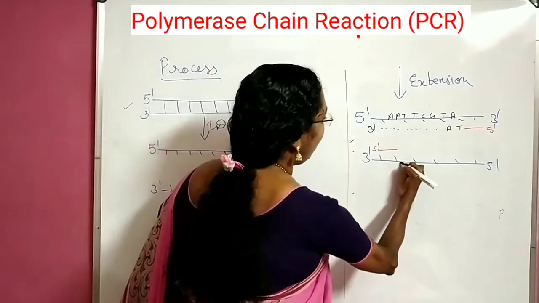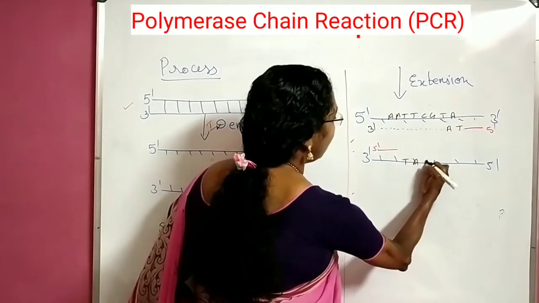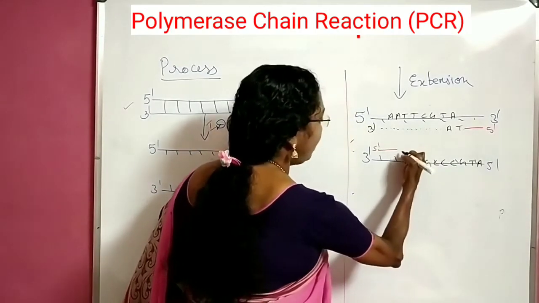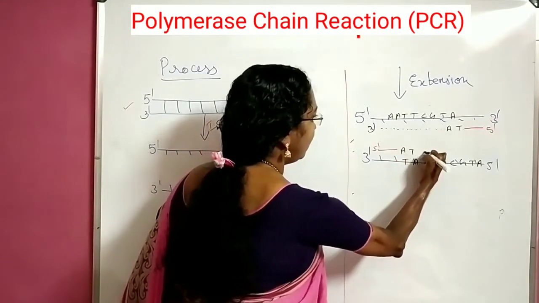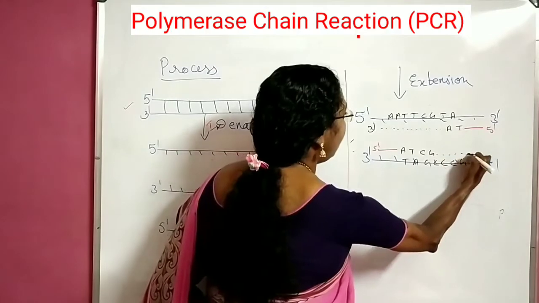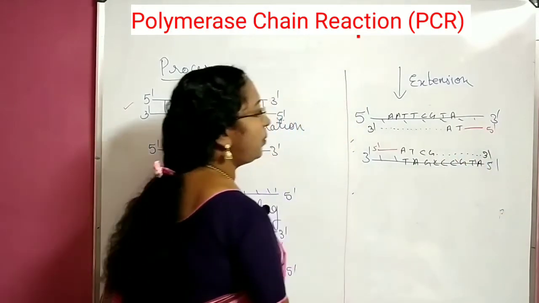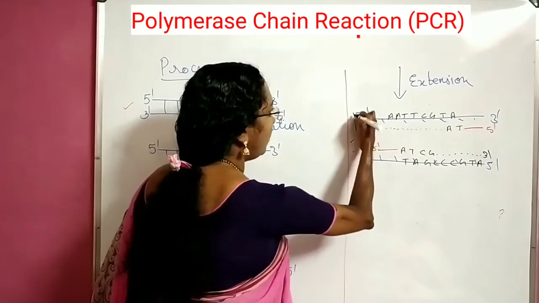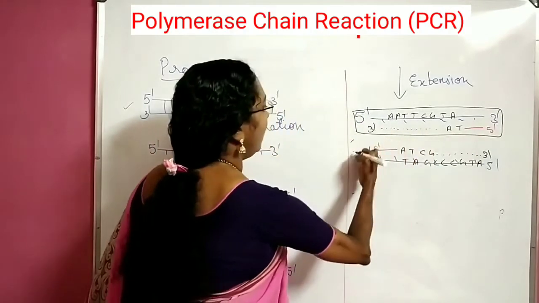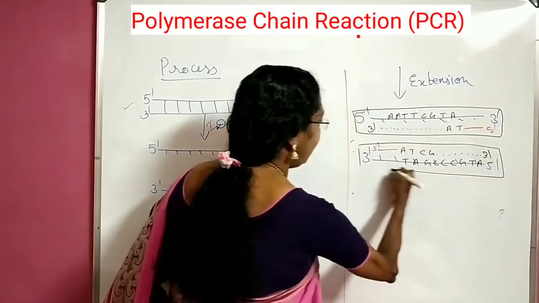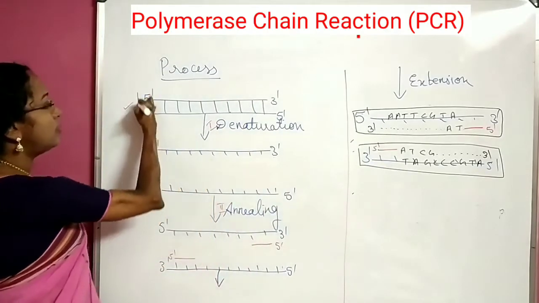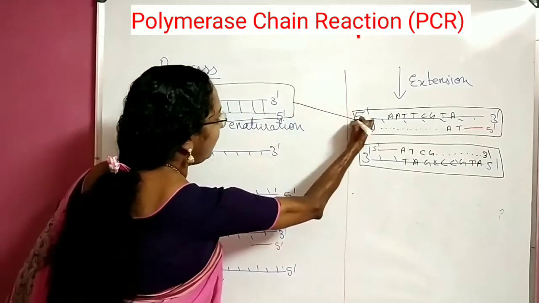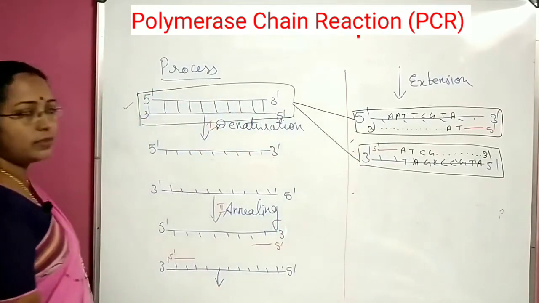Here also, whatever nucleotides are here, the complementary dNTP will come and be added and extended till it reaches the 3' end. So now you got one DNA strand here and another DNA strand here. We started with just one DNA strand, our template strand. Now it got multiplied into 2 DNA strands.